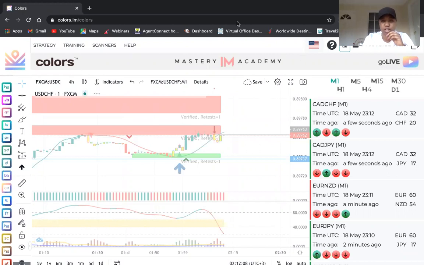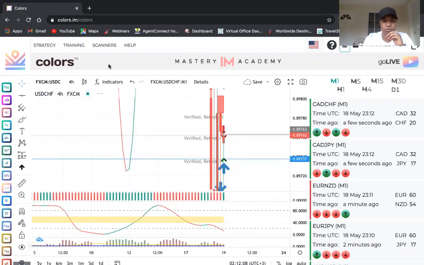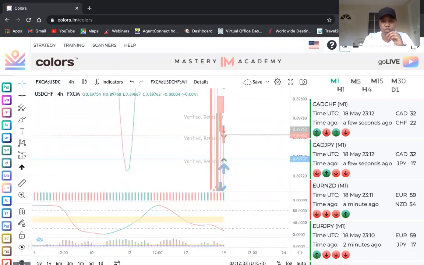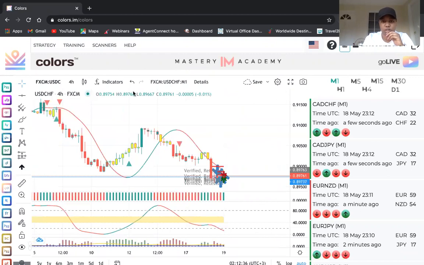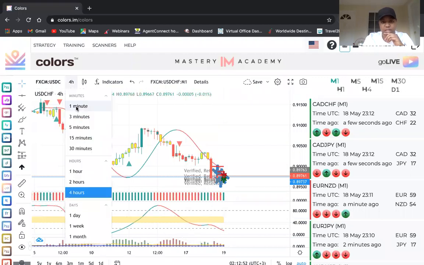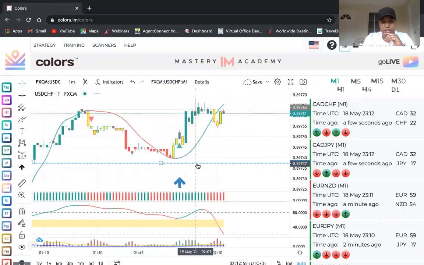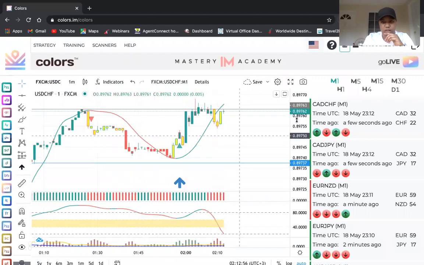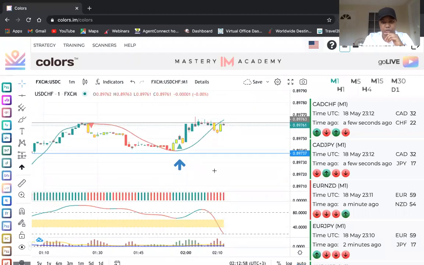Hold on a second, guys. It's just loading a bit. All right. So as you can see on the 4-hour time frame, the sellers are in control. It's very, very choppy, but the sellers are in control, guys. So if we drop down to the 1 minute again, look what happened.